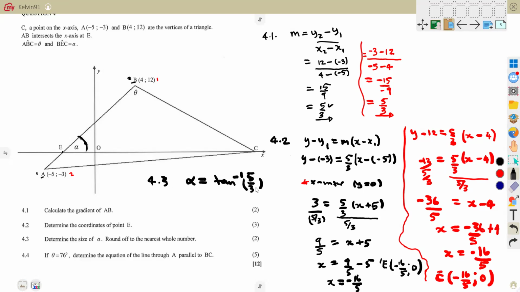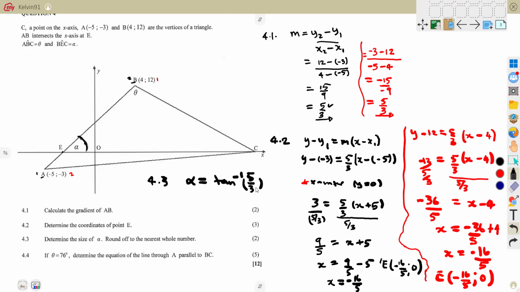They say it as a whole number. You just have to punch that on your calculator. So if it's punched on the calculator, second function, tan, 5 over 3.